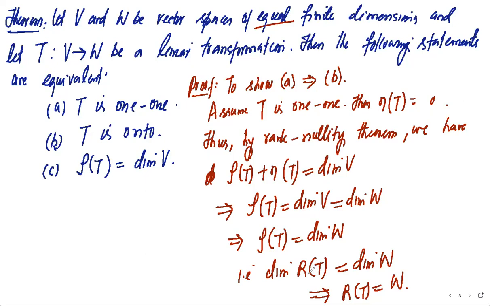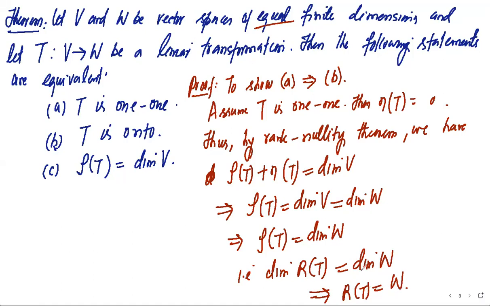So therefore in range of T we can construct a basis of cardinality n, but once we have a linearly independent set of cardinality n from the range of T, that means that linearly independent set will completely span W. So that means that basis will also form the basis of W. So in that case, once we have a subspace that has the equal dimension, अगर हमारे पास finite dimensional vector space होगी और उसकी subspace कोई लेंगे लेकिन इन दोनों का dimension बराबर होगा, then that subspace has to be equal to the whole vector space. So therefore we have range of T is equal to W.